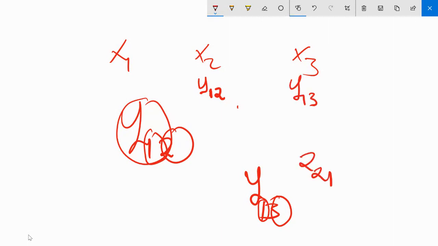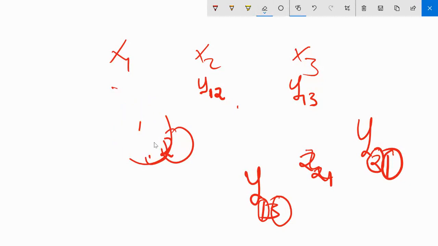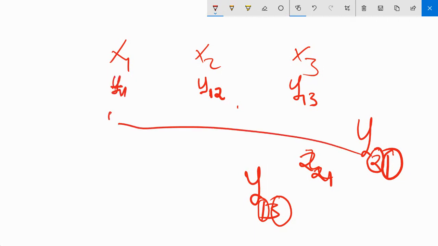And y2,1 means it is the second observation on the first level. That second observation will come here, because here it will be y1,1, so this one must be the second one here. Is it clear?